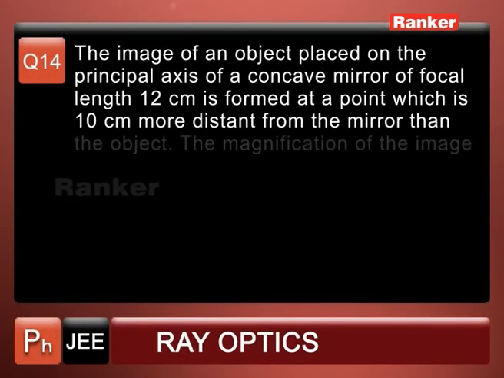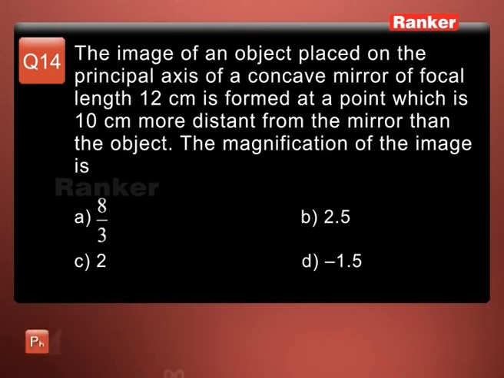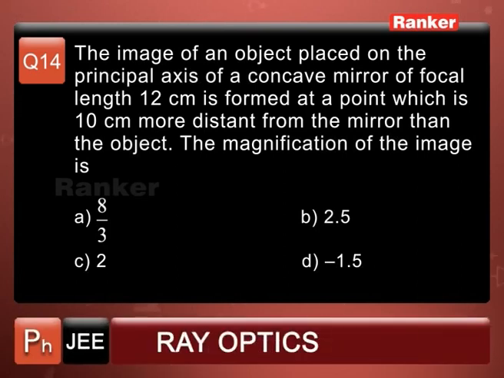Let us switch over to problem number 14. The image of an object placed on the principal axis of a concave mirror of focal length 12 cm is formed at a point which is 10 cm more distant from the mirror than the object. That is the relation he is mentioning.